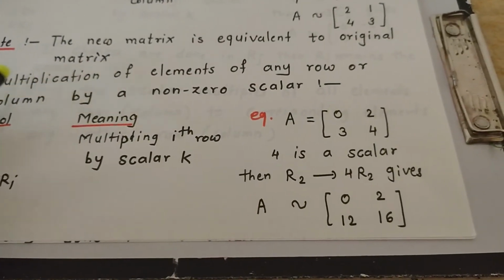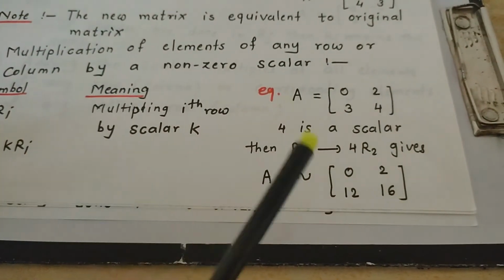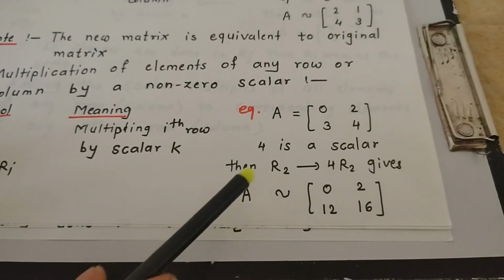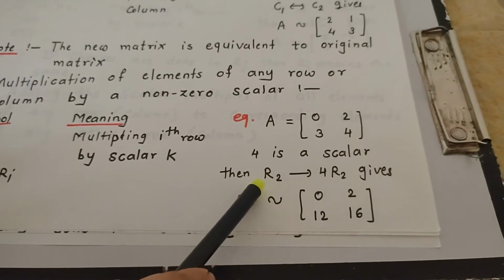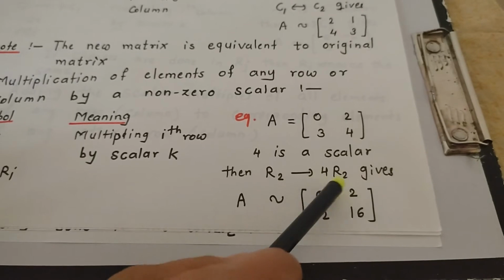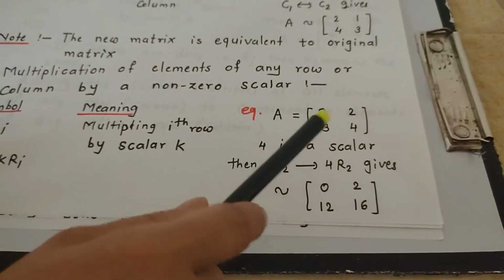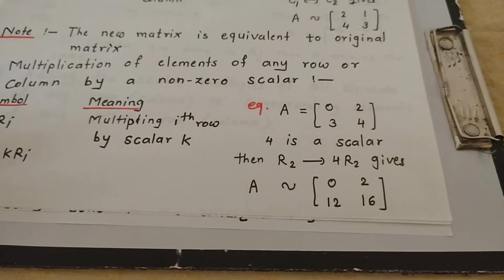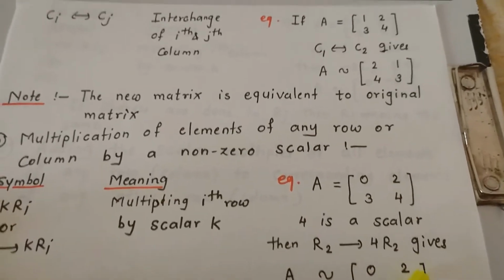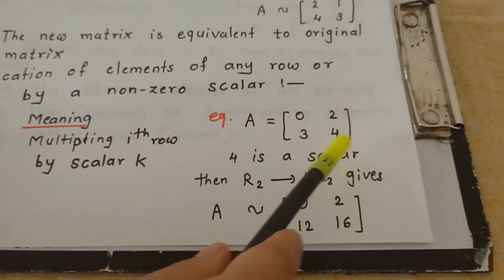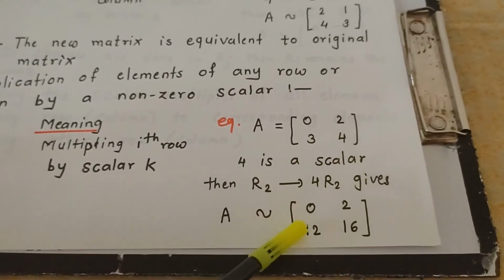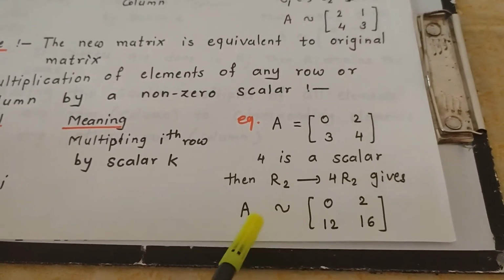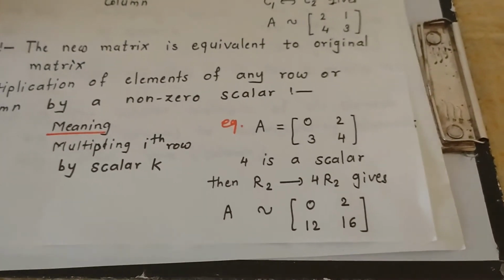Then by this transformation, we make changes in the second row multiplied by scalar 4. It is symbolically denoted by R2 changes to 4 into R2. It gives a new matrix. In this matrix, the first row is as it is and the second row changes by multiplying by 4: 4 into 3, we get 12, and 4 into 4 is equal to 16. So the new matrix is equivalent to the original matrix.